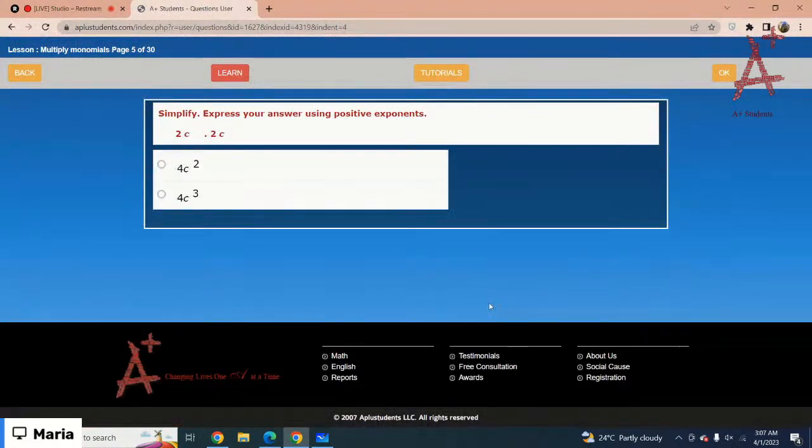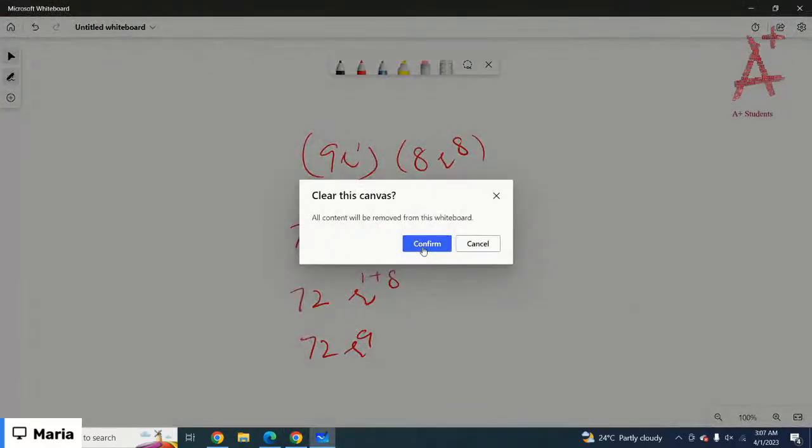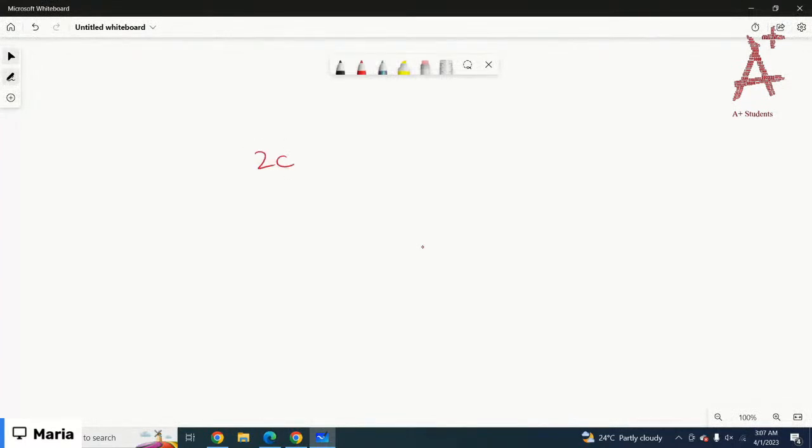Okay, the next one is 2C times 2C. So let's multiply the coefficients. 2 times 2 is 4. And C times C is C square. So it would be 4C square. Got it?